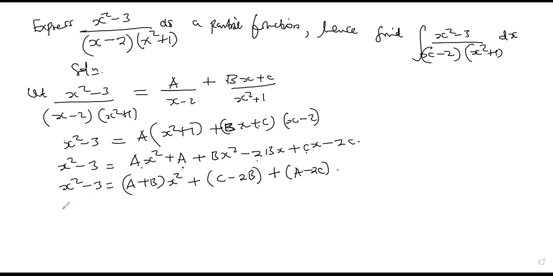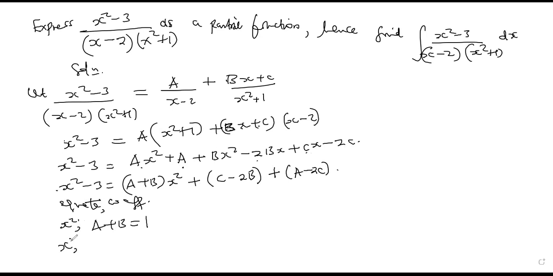So here you can equate the coefficients. When you equate for x squared, here you have a plus b, and this side you have 1. The coefficient of x squared is 1.